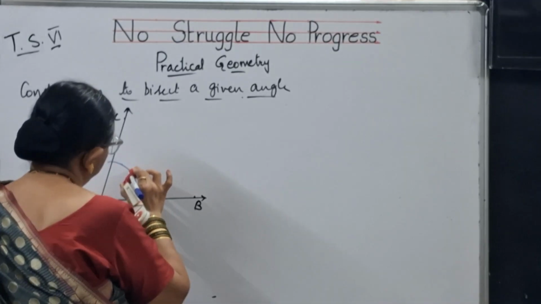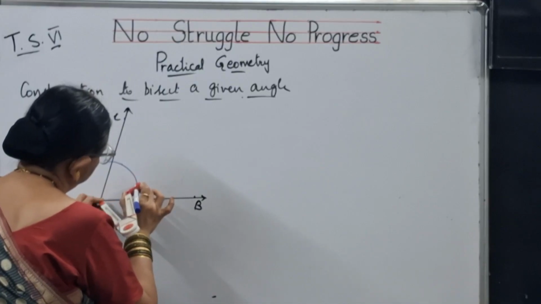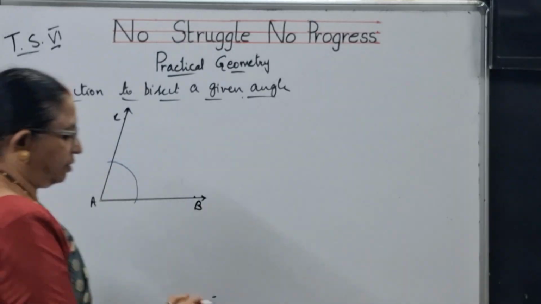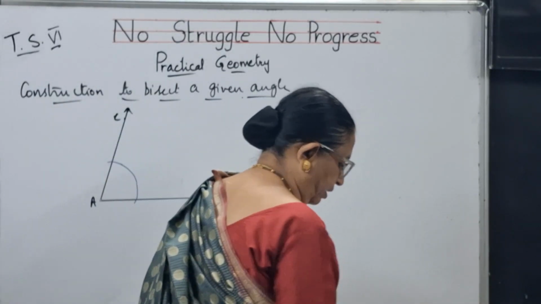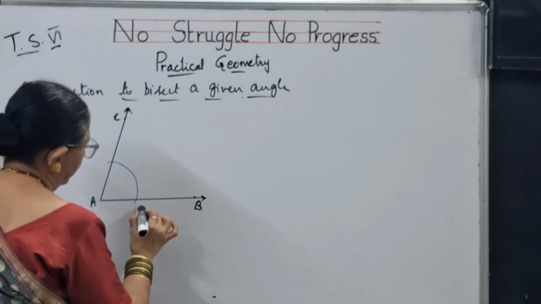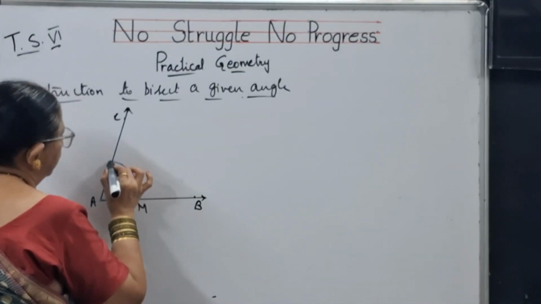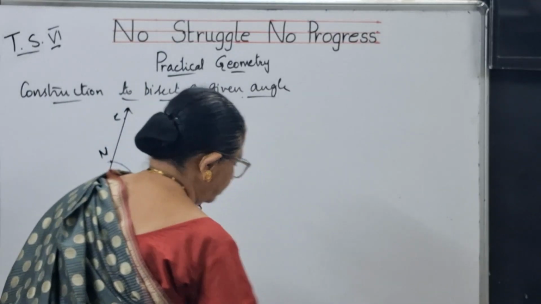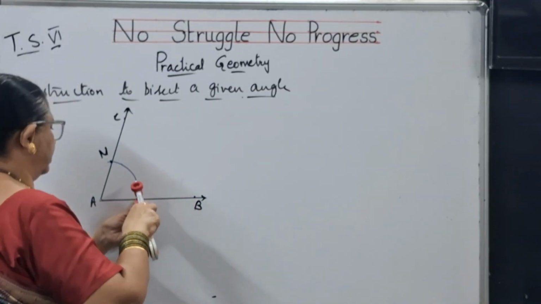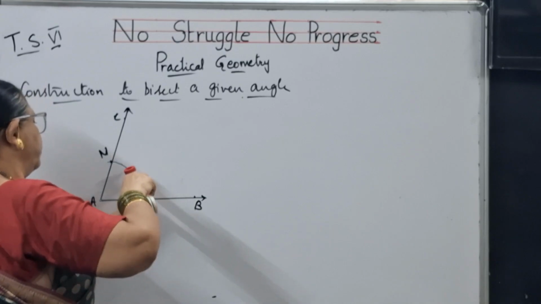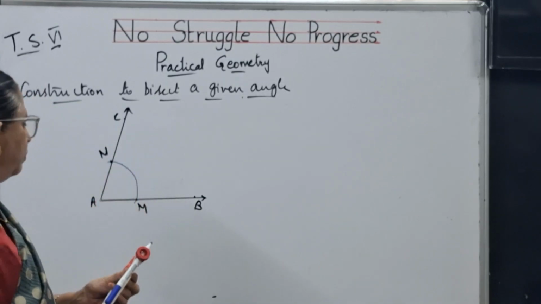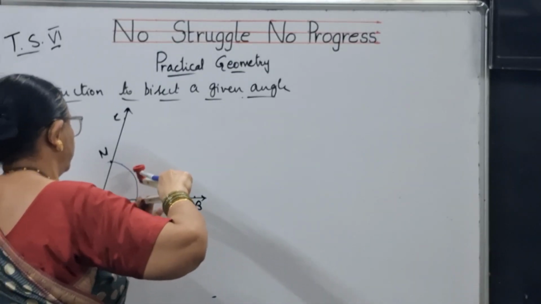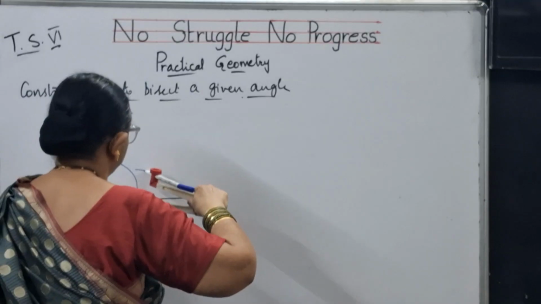This arc intersects the rays at points, let me take this as M and this as N. Now, with M as a center and more than half of MN as radius, draw an arc like this.